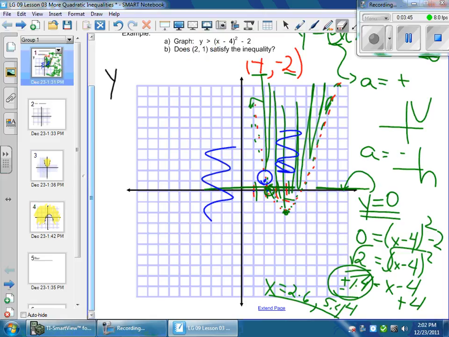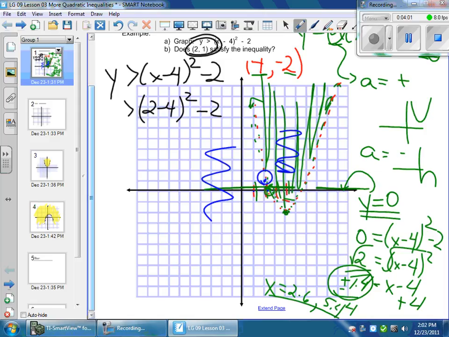Let's erase it and see the whole thing there. y has to be greater than (x minus 4) squared minus 2. Let's substitute those numbers in there. Okay, so x is 2. (2 minus 4) squared minus 2, is that greater than 1? I don't know. Let's go check it out. 2 minus 4 is minus 2, squared, minus 2. Minus 2 squared is 4, minus 2.